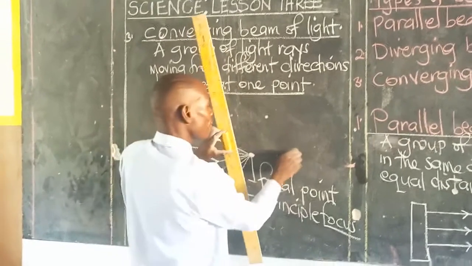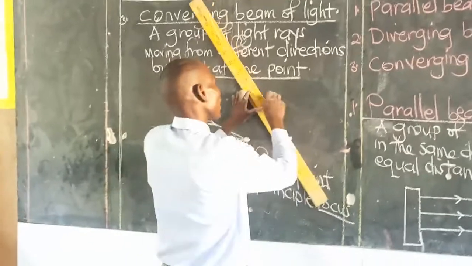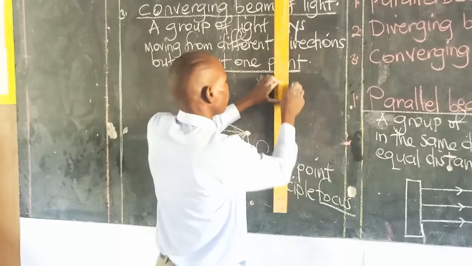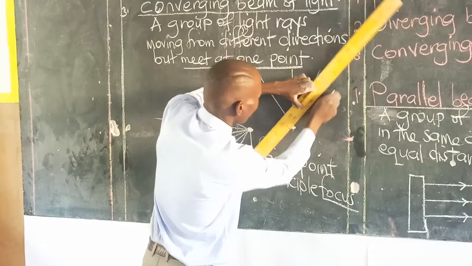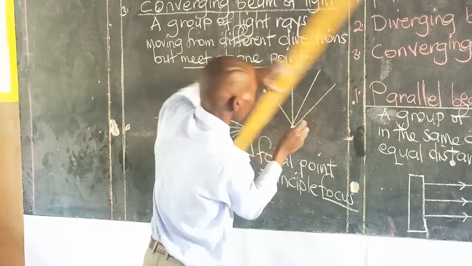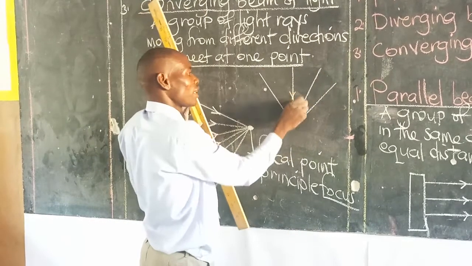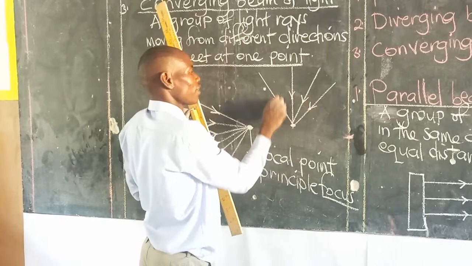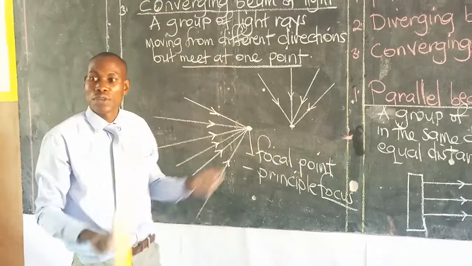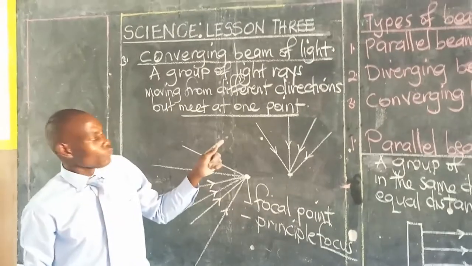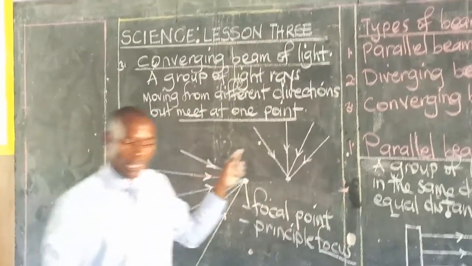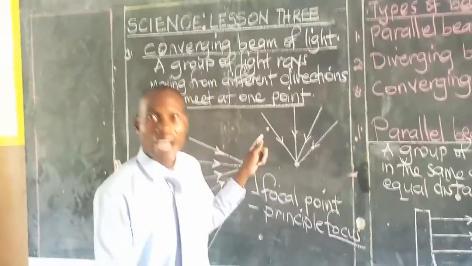For example, if they are converging at that point, we can draw our diagram like that to show a converging beam of light. So we shall just include arrows like that. Are we together, boys and girls? Yes. Now, this is where we are stopping at the moment.